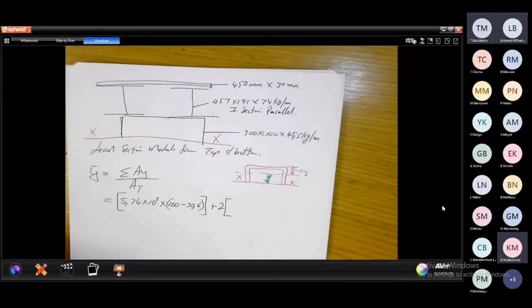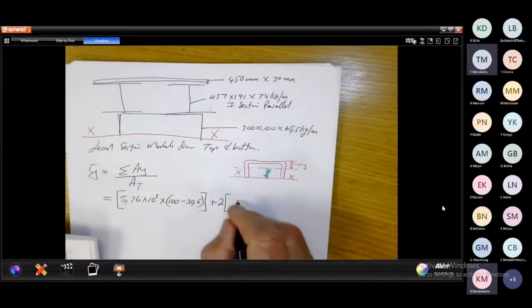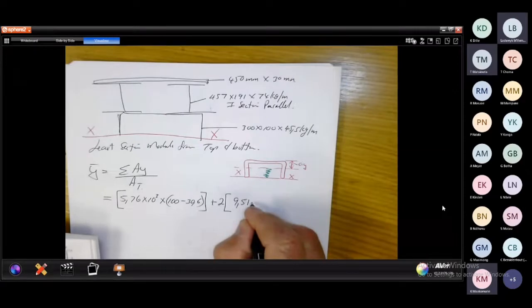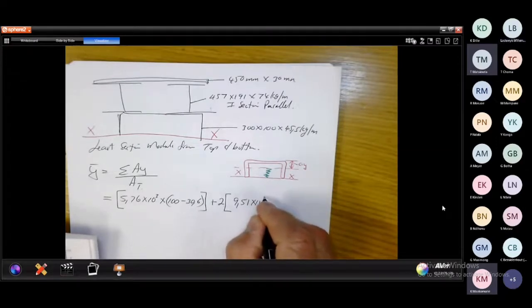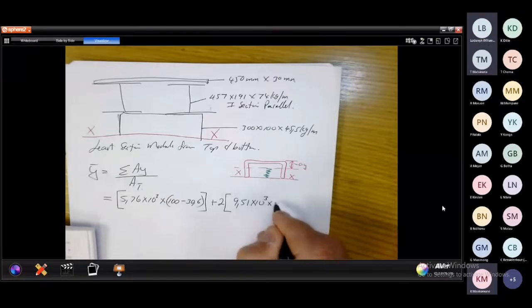Who can tell me what is the area? 9.51 times 10 over 3. All right, very good.